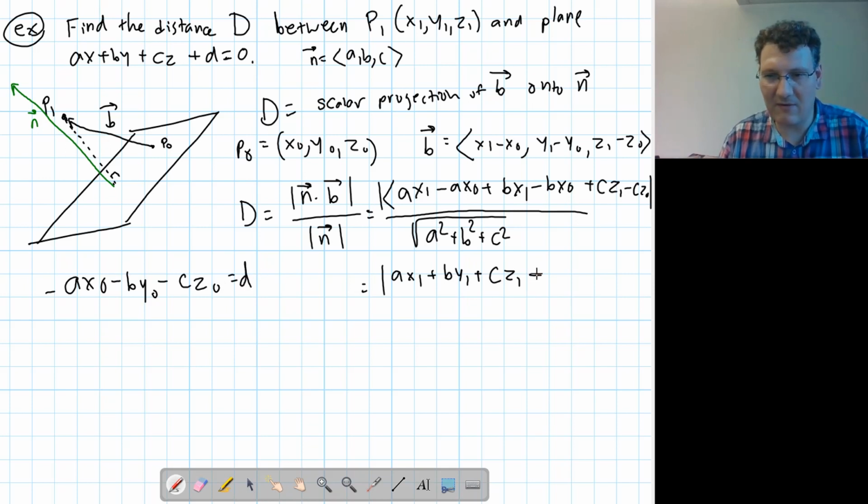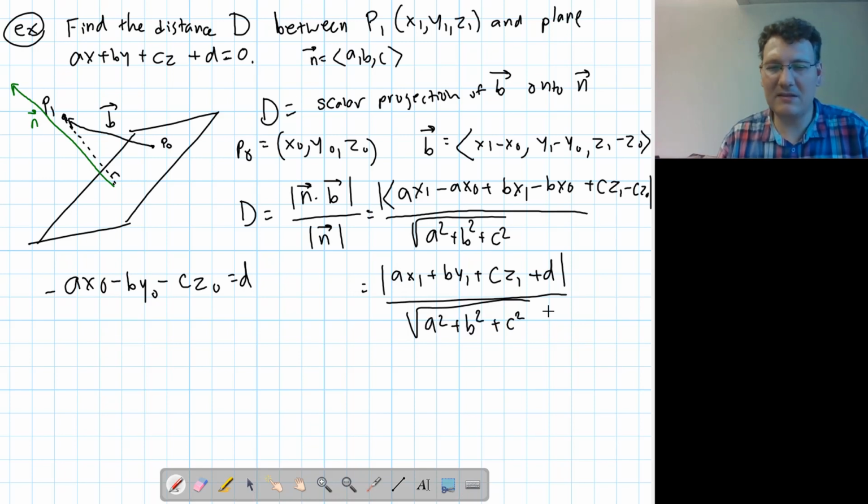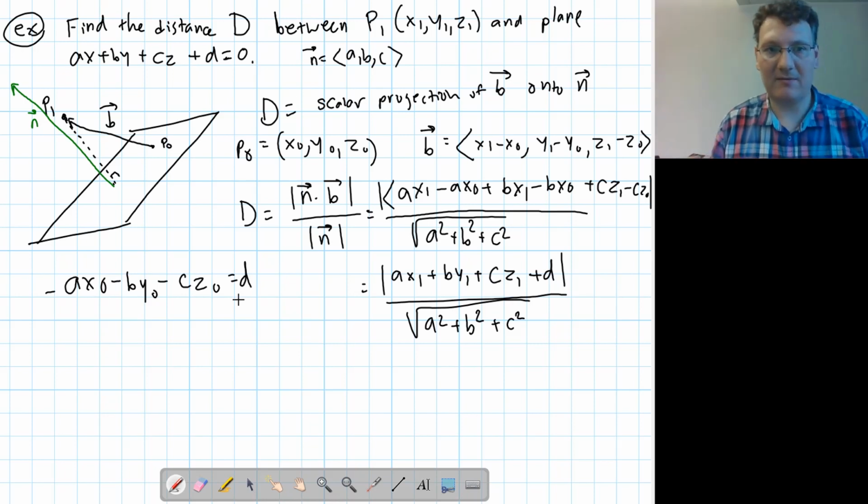So we can have plus lowercase d over the square root of a squared plus b squared plus c squared. This is the equation for the distance between a point and a plane.